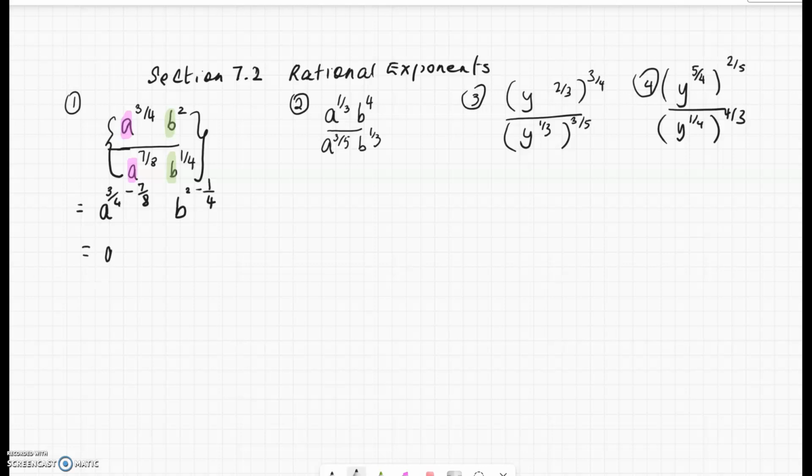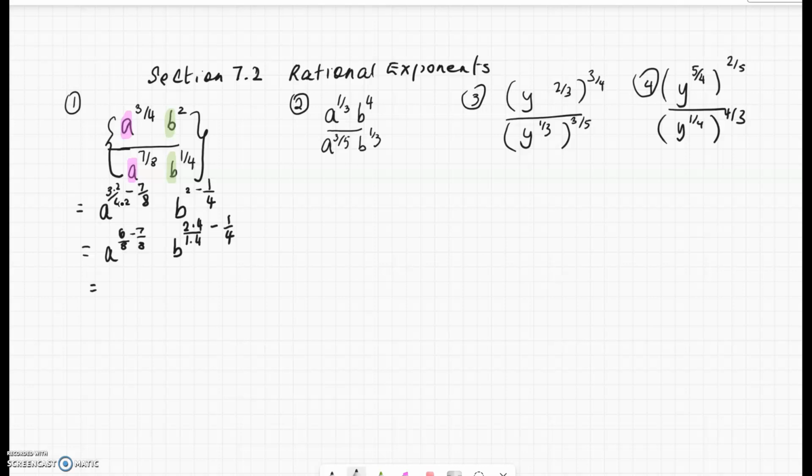So this is equal to a to the 4 times 2 is 8, 3 times 2 is 6. So a to the 6 over 8 minus 7 over 8, b to the 2 over 1, multiply the numerator by 4, denominator by 4, so that becomes 8 over 4 minus 1 over 4.